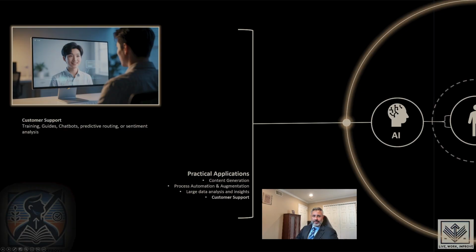Something else that companies are using this for is customer support. I mean, we've seen chatbots being used for years, but now these chatbots are definitely more advanced. We talked about AI avatars, realistic avatars. We talked about training videos. We talked about all of these things. So now you can have these work in real time to provide customers with answers.